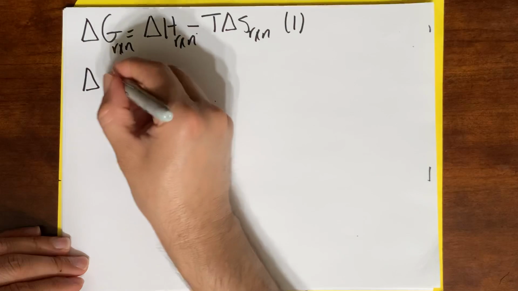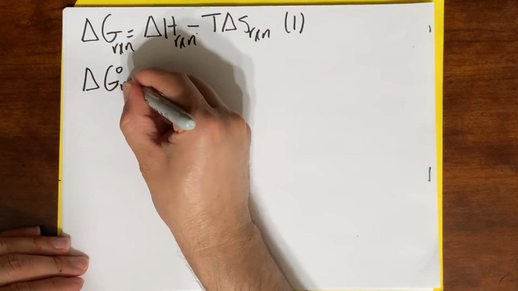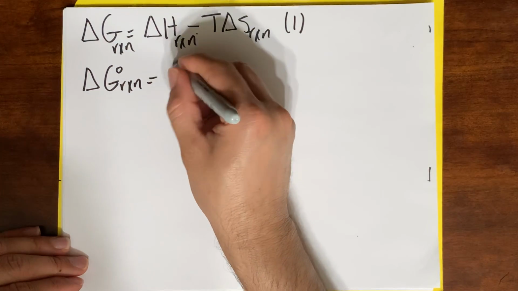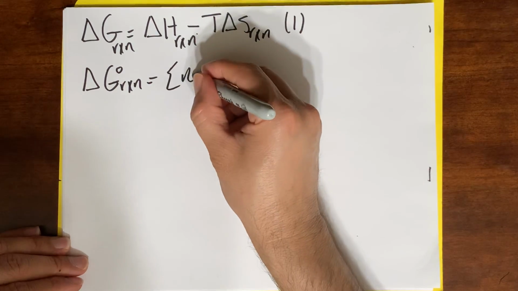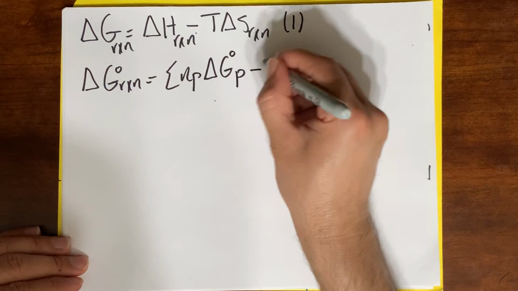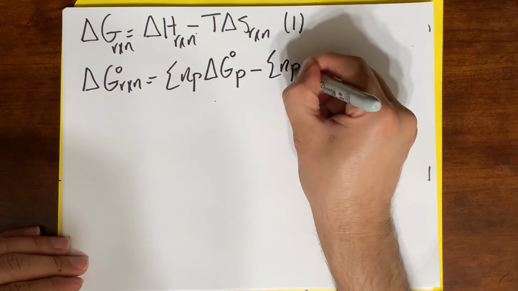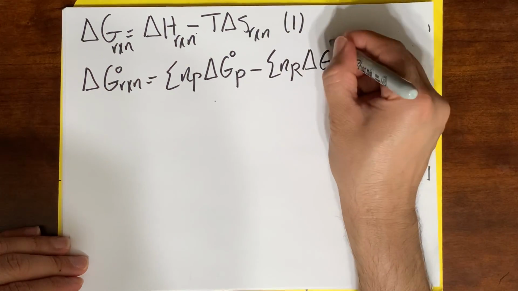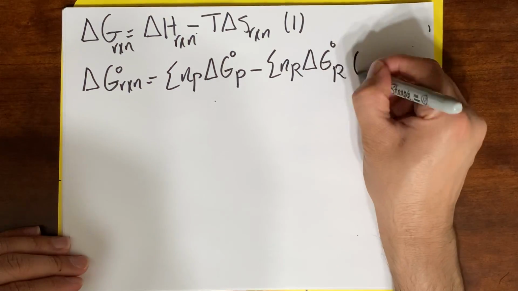Or delta G under standard condition for the reaction is going to be number of mole of product times delta G of product minus number of mole of reactant times delta G of reactant, call it 2.